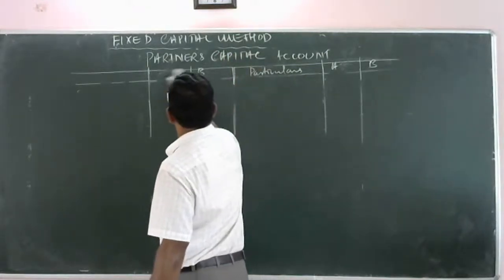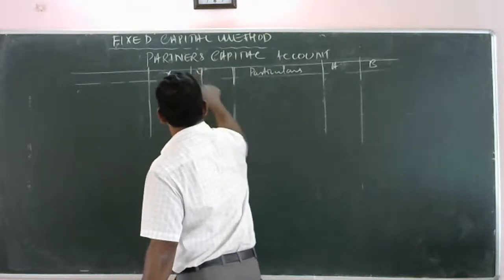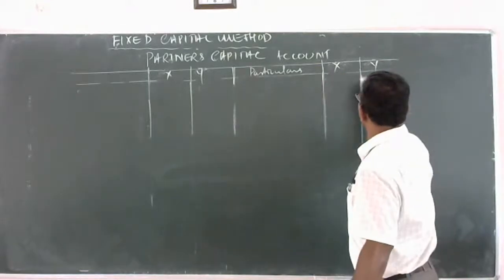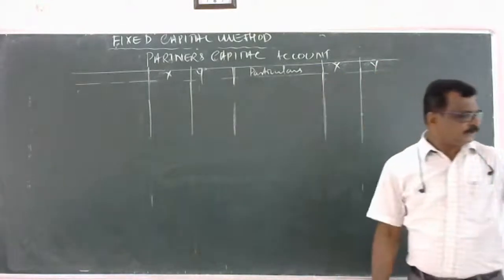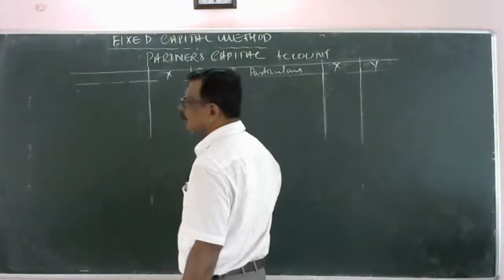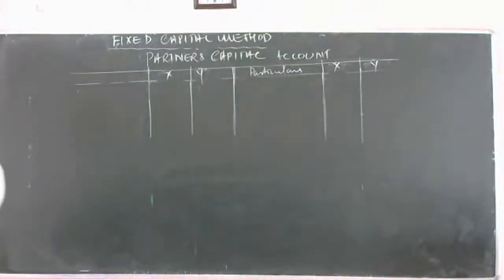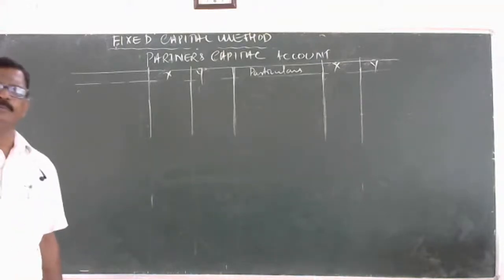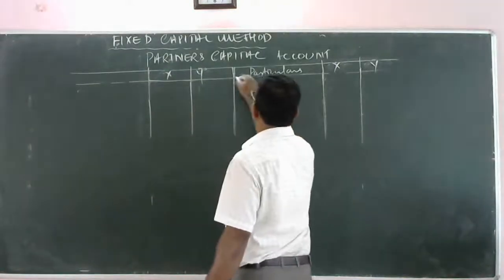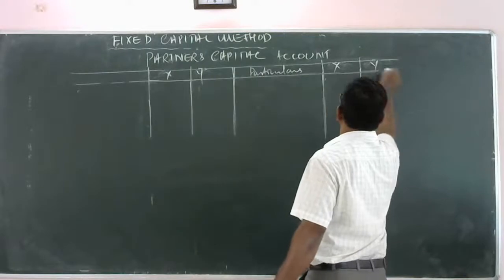The partners are X and Y. As it is asked to prepare the partners capital account under the fixed capital system, you have to prepare the partners capital account and the partners current account, isn't it?